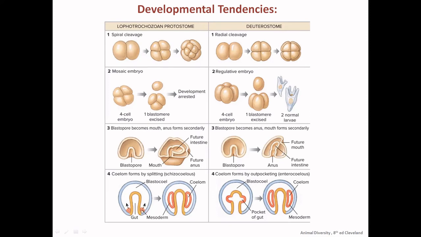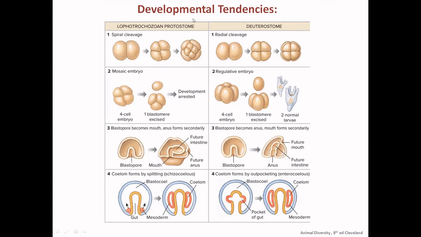This is the mass of cells generated at the blastopore area, moving to the center inside the body, and splitting into 2 layers to develop a cavity within. In the enterocoelous type, pouches develop in the gut wall, and that will form a lumen or a cavity inside.